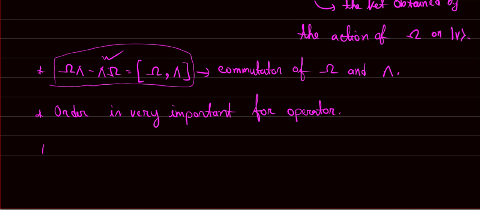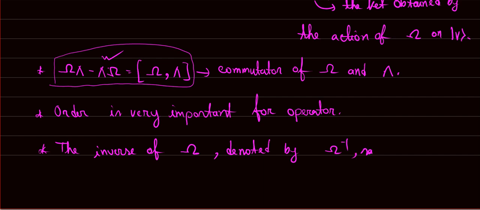Okay. We can also define the inverse of an operator. So how will you define it? The inverse of omega, denoted by omega inverse, satisfies this product.